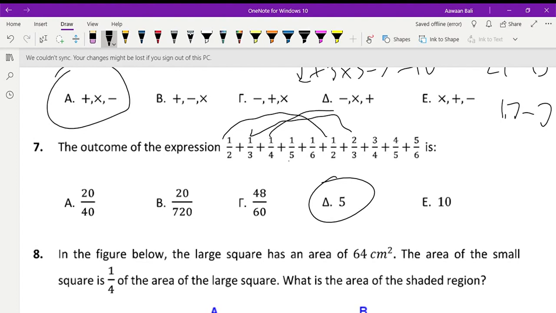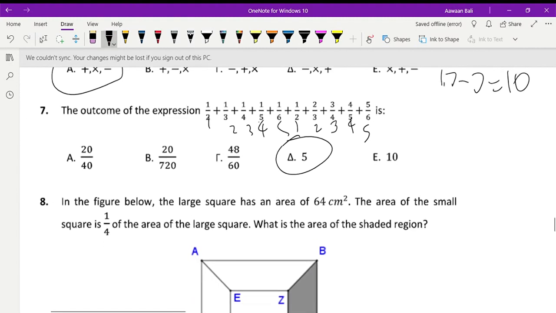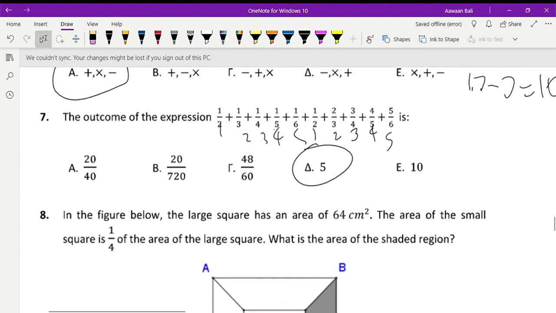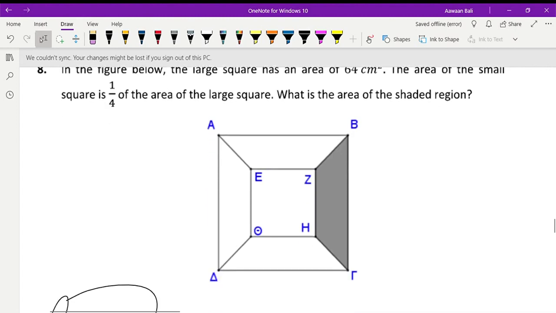So a 4 plus 3/4, 4/4, this 2, and this 2. Basically, if you count the pairs, there's 1, 2, 3, 4, 5 pairs. So there's 5 ones. 5 times 1 is obviously 5, since anything times itself is the same number. So therefore the answer is delta, 5.